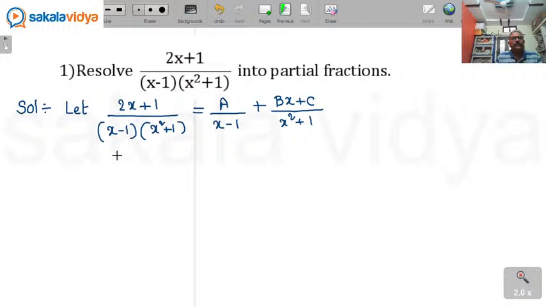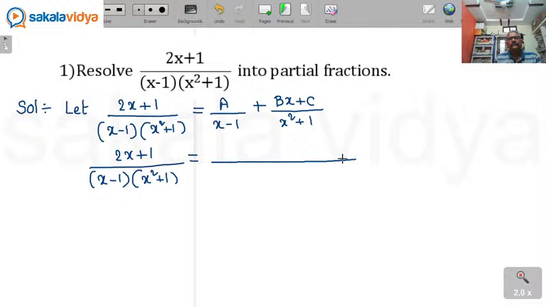So now the (2x plus 1) upon (x minus 1) times (x square plus 1) equals to, multiplying by x minus 1 times x square plus 1, x minus 1 gets cancelled.